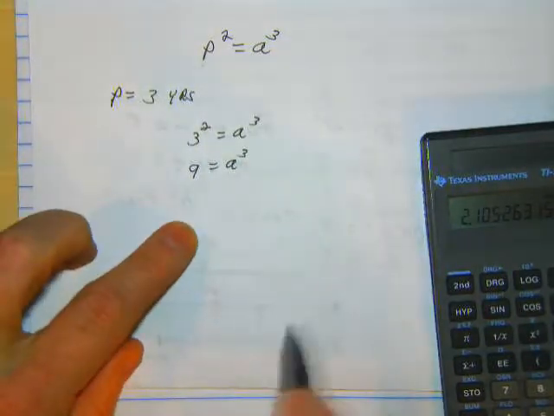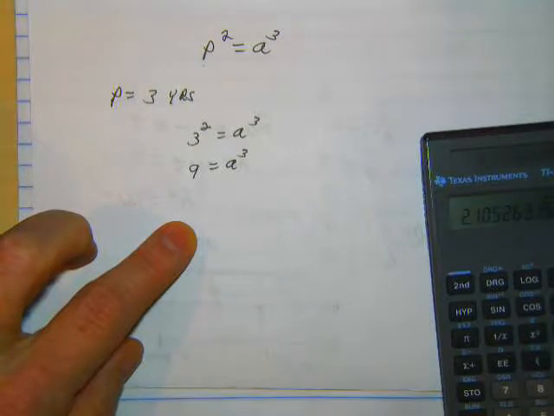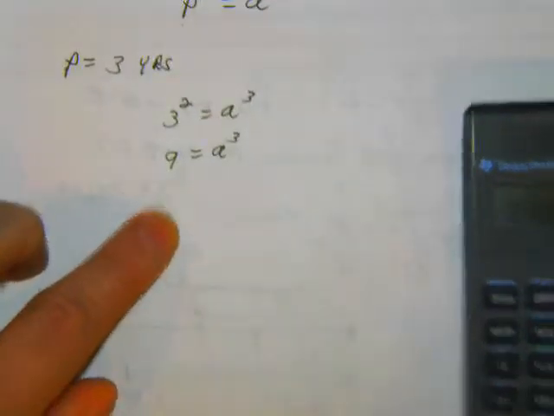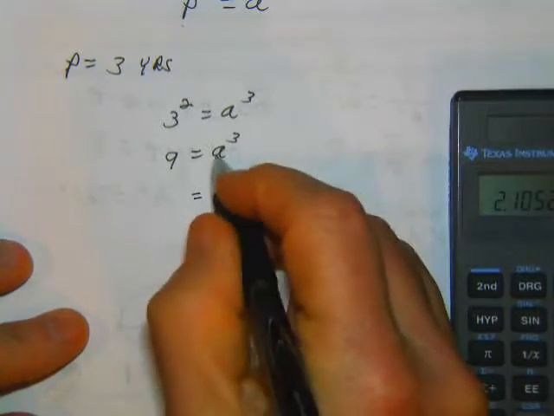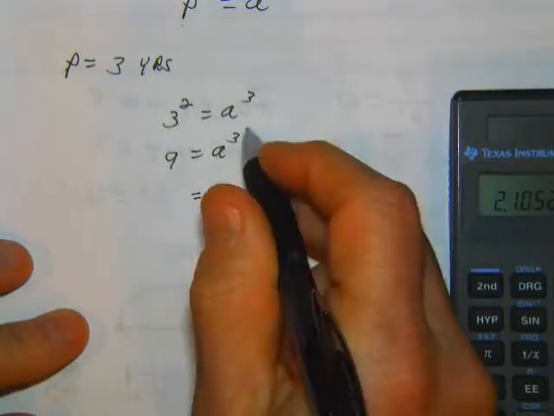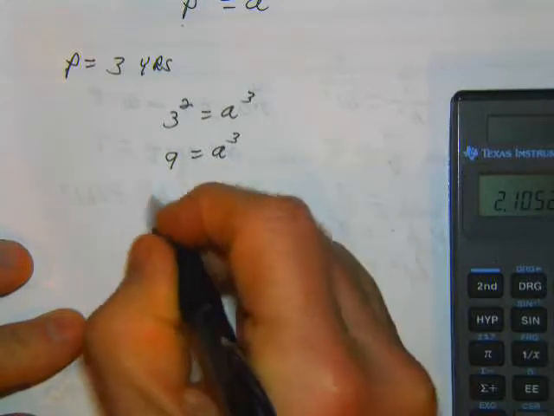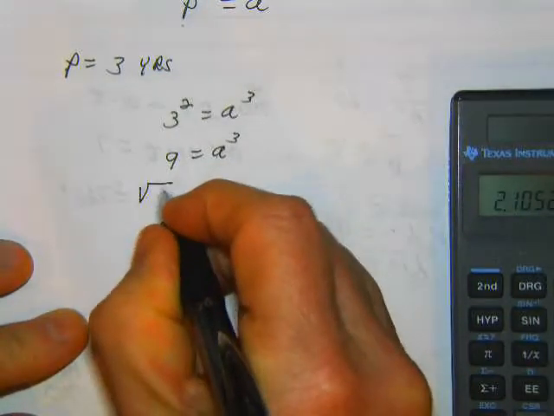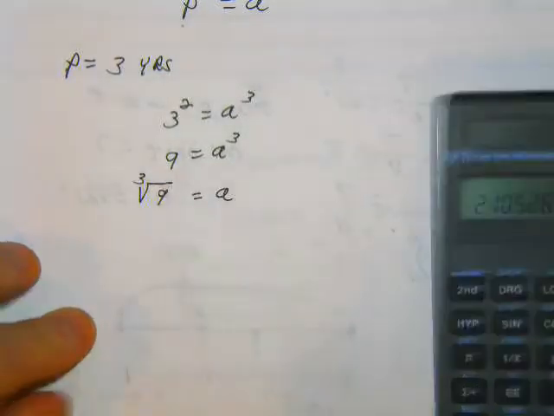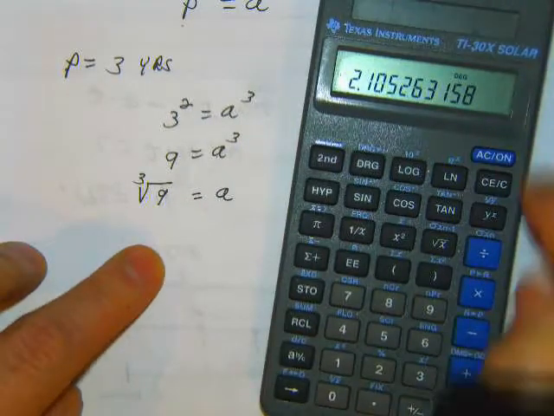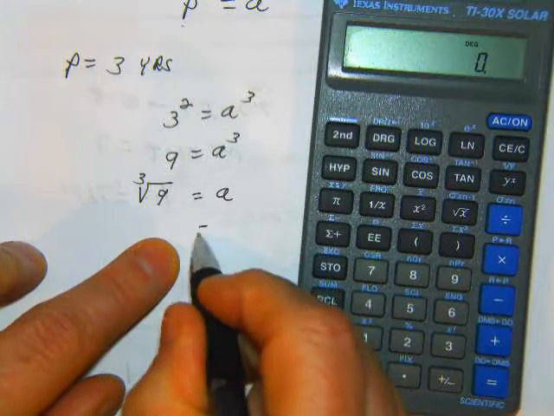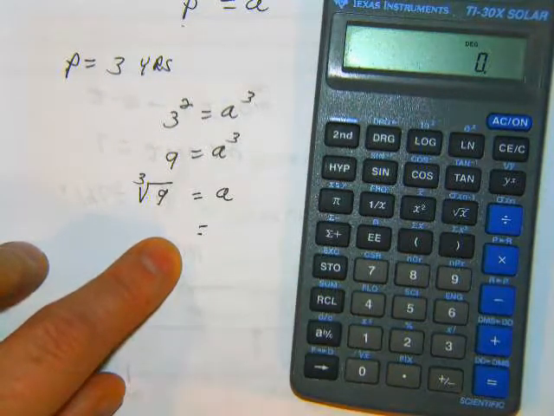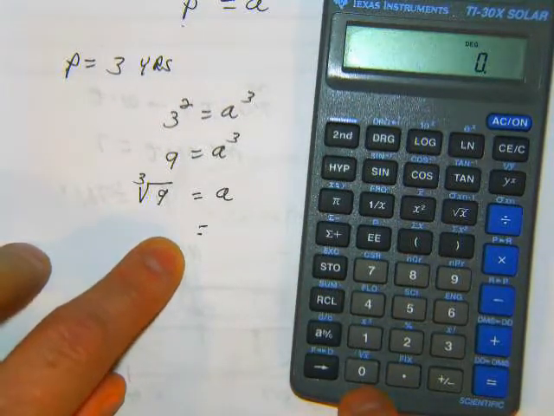At this point, you've got to make sure you know how to operate your calculator to find the cube root. To solve this, the cube root of A cubed is A, but then you have to find the cube root of 9. Everybody's calculator is a little different, so you have to know how to operate yours. On mine, I've actually got a button for this.